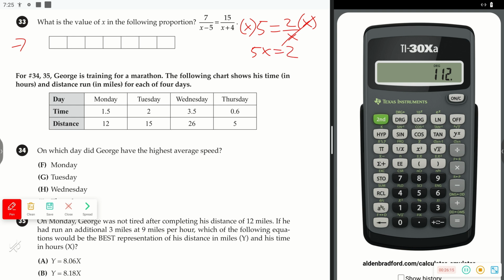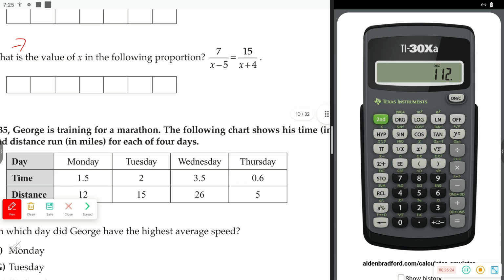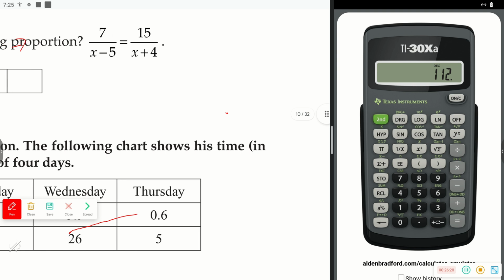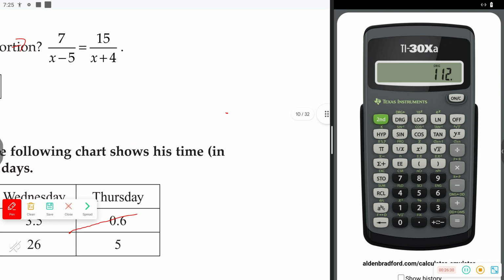We're doing that same thing here, where we're actually going to have to multiply. Let me make this a little bit bigger, if I can. Let's solve for x. Yeah, that'll be a lot bigger. So whenever we solve this, we're going to multiply both sides by x plus 4, because that's going to cancel those out.